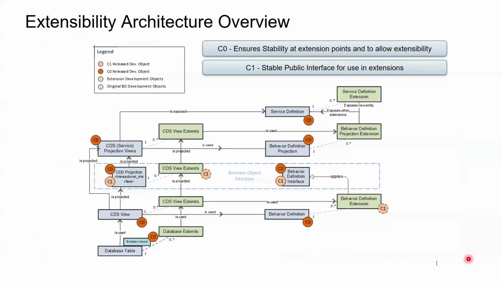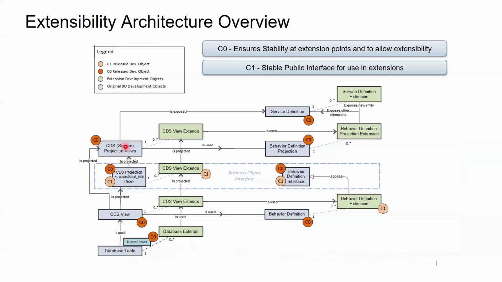So this is the extensibility architecture overview. In this overview, you can see the same things I mentioned in the previous slide. But if you look, there are two colors here: the gray color on the left, and then the green color.